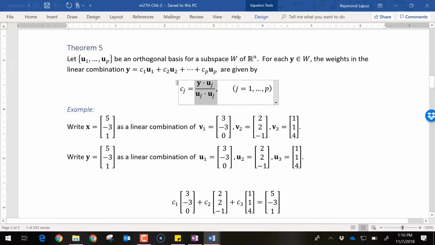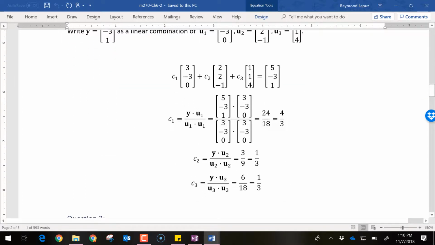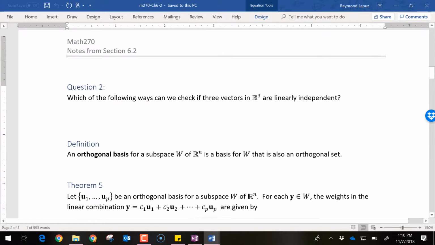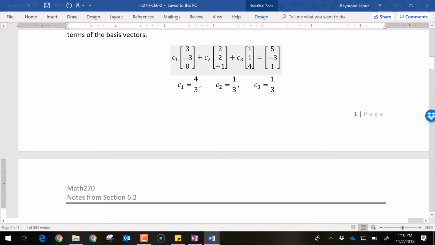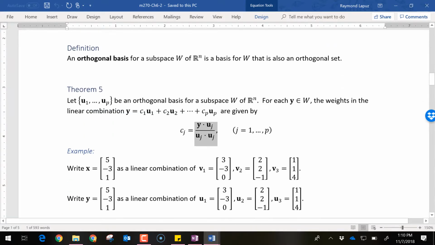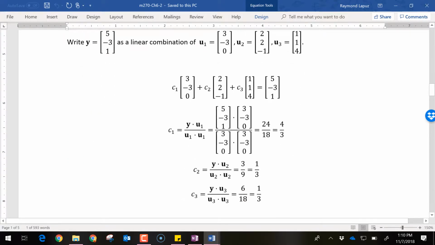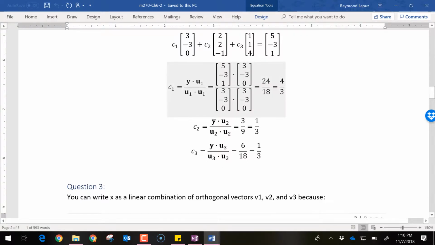So if I use that formula, I'm going to get the same weights as I got previously. I didn't show the work here to figure out what this is, but I think I used MATLAB or something in a video. But now I can do it without having to row reduce a matrix. I can do it just by using the formula.